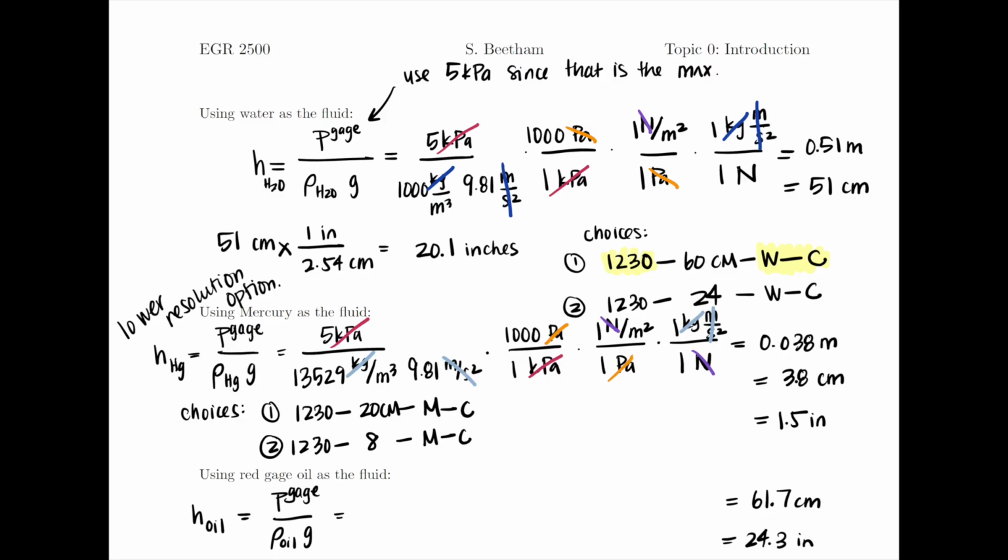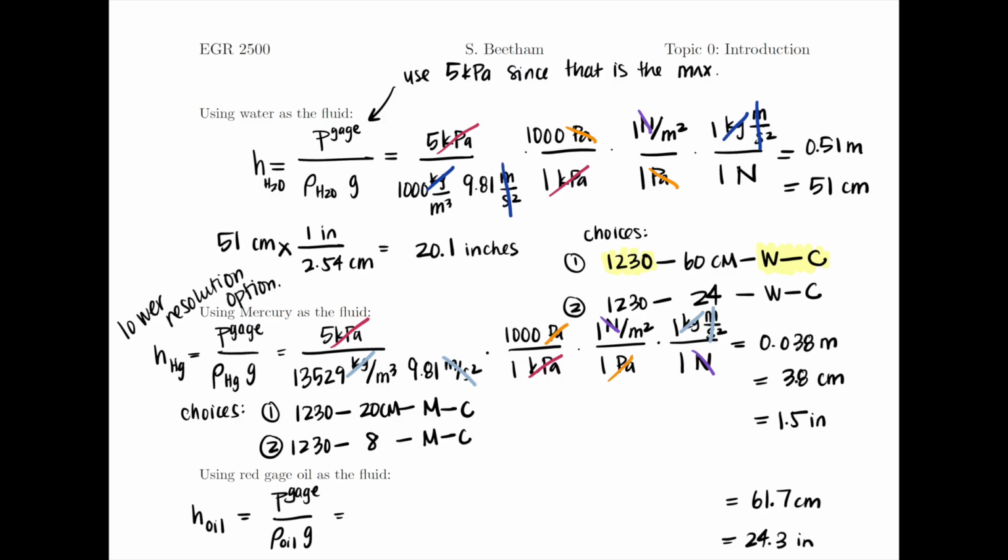Okay. So I've got 5 kPa. I'm going to plug that in here. Density of water is 1,000 kilograms per meter cubed, and gravity is 9.81 meters per second squared. I'm going to do a little bit of unit conversion here. So I know that 1 kPa is 1,000 pascals. So I can cancel out the kPa. So now I have this in terms of pascals.